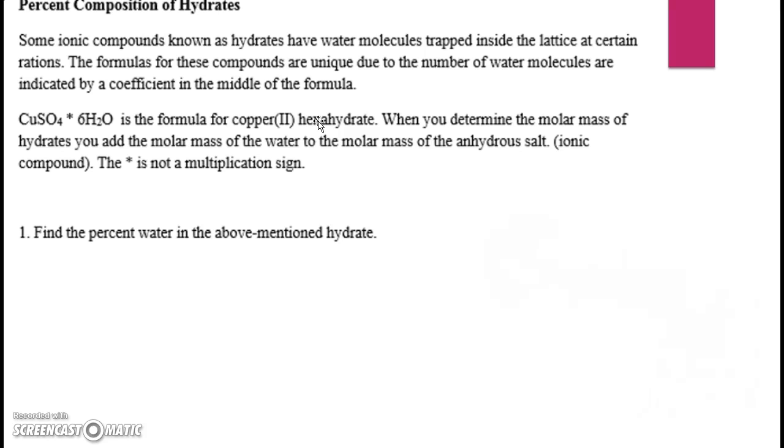And again, it's a percent, so we multiply by 100. So when we take 6 times 18 and divide it by the total mass, we're going to get 40.4%. Alright, so our answer for the percent water in the above mentioned hydrate is 40.4%.